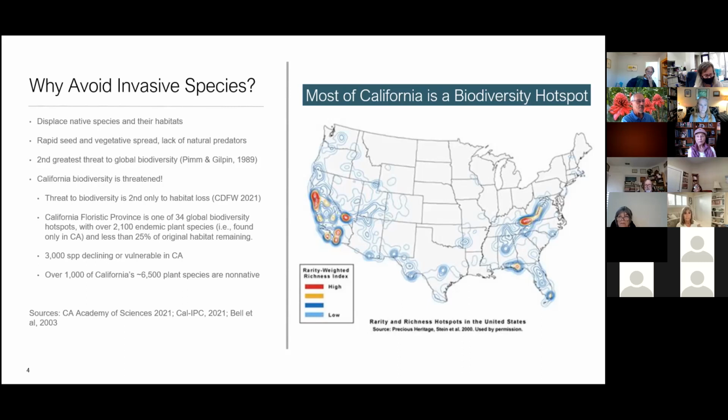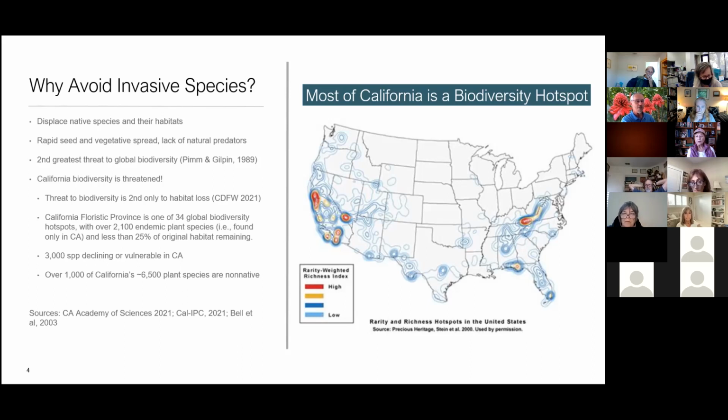Looking at the map on the right, California is a biodiversity hotspot in the world. There are 34 biodiversity hotspots, meaning places where native biological species diversity exists.